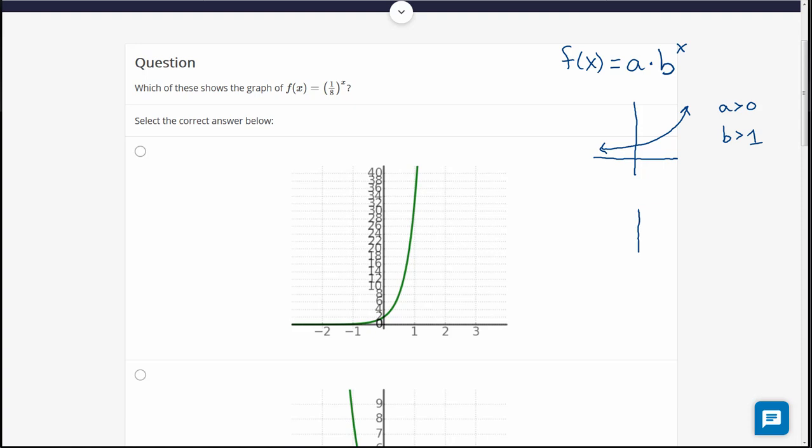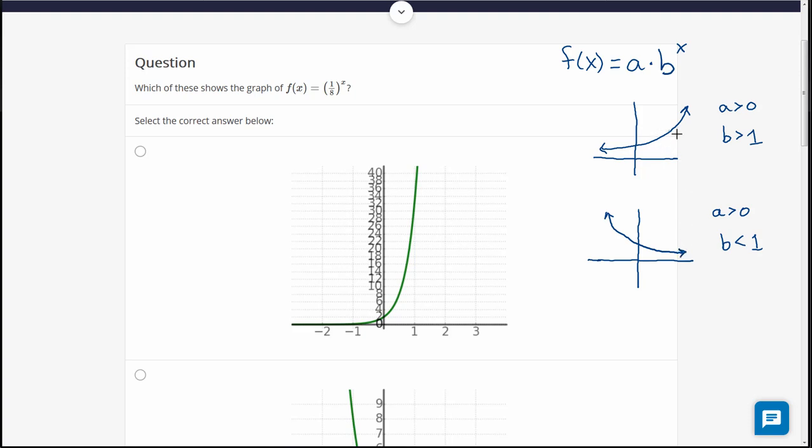And if a is positive but b is less than 1, then the graph is going to look like this.